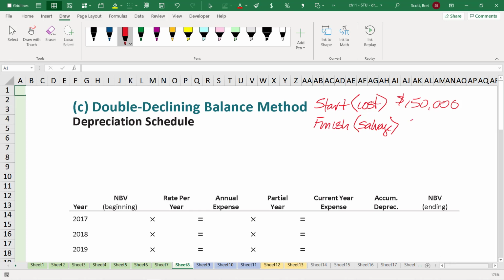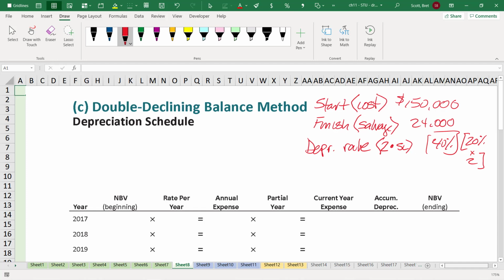That one is $24,000. And then the straight line rate, or should say our depreciation rate, is 2 times the straight line rate. In this case, it would be 40%, which is 20% times 2.